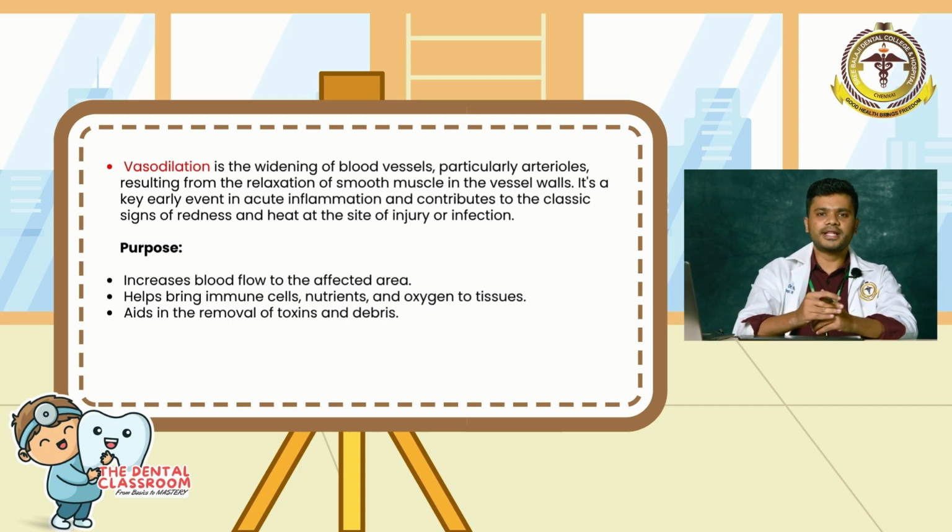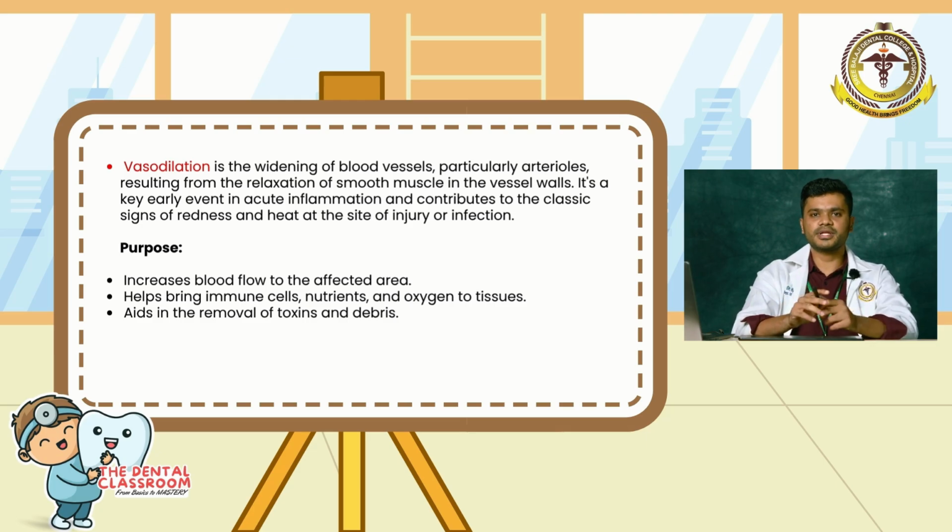Through this vasodilation and vascular permeability, the neutrophils from the blood vessels reach towards the endothelium. From the endothelium they reach the connective tissue and reach the site of infection or injury to reduce the infection as well as injury. So this is the main aim of acute inflammation.